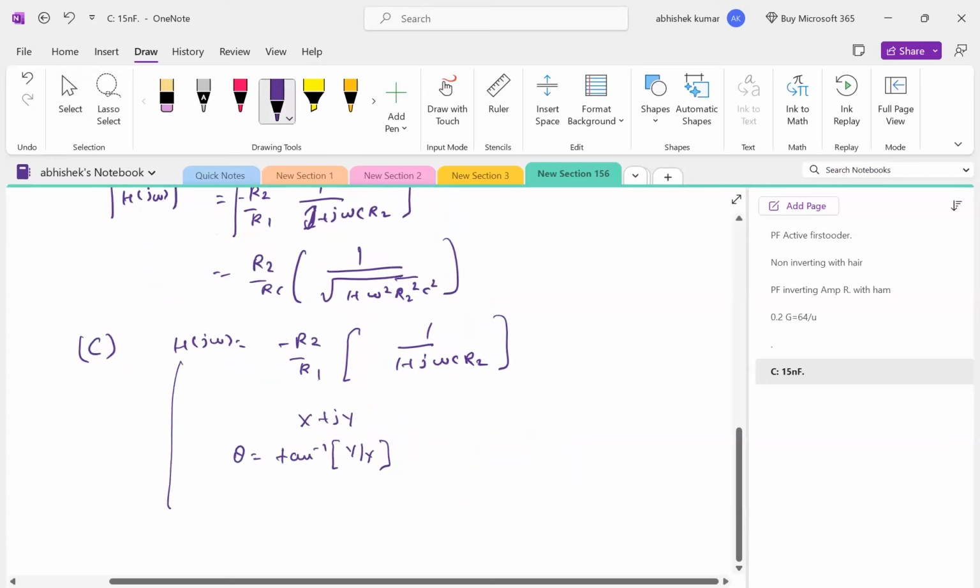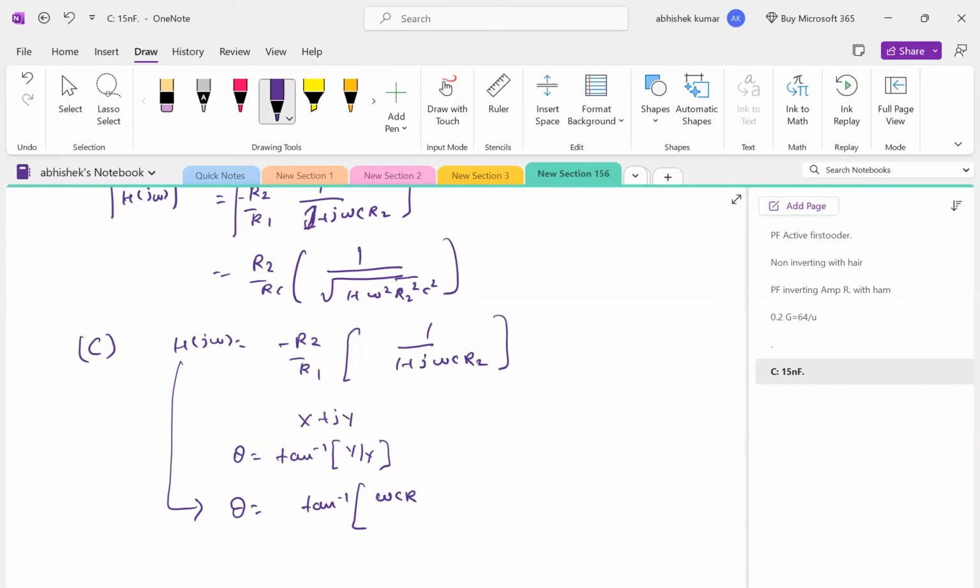So here our phase will be, again the same thing, tan inverse of omega C R2 divided by 1, that is omega C R2 only. Any doubt? Clear. Y by x. And that is minus tan inverse of omega C R2. Okay, clear.